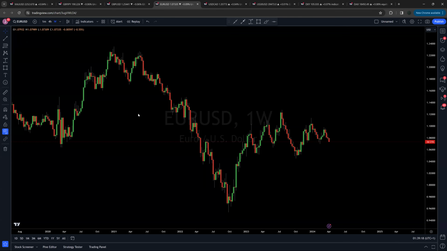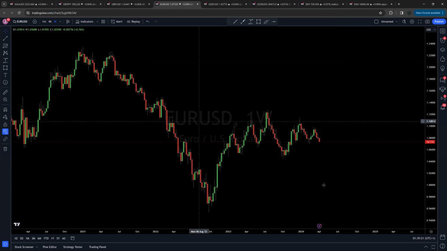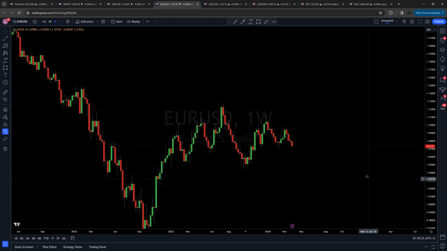On Euro USD, with this new weekly candle looking quite bearish, dollar still bullish, and bearish price action respected, we could easily be digging down into the 1.06s, 1.05s before assessing reaction on the higher time frame again.